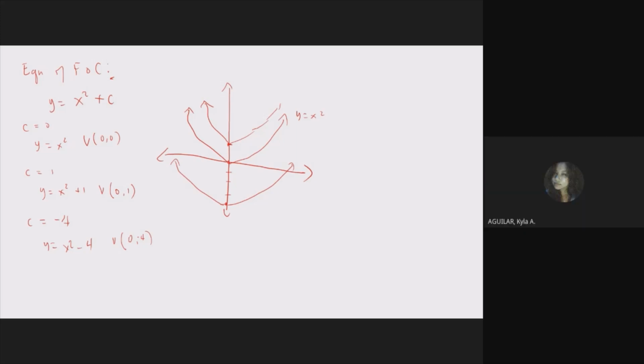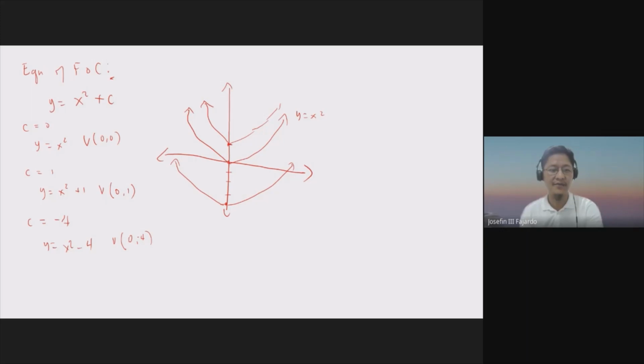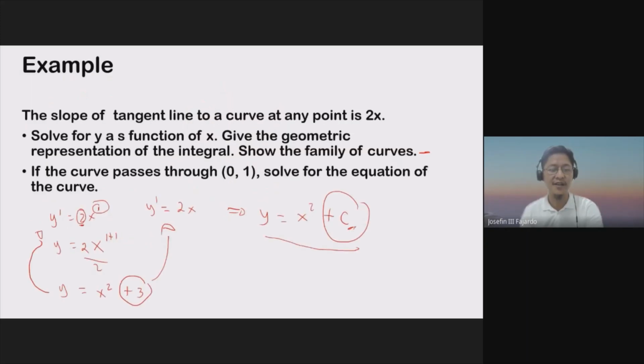Yes, sir. Regarding the earlier question, we just have to identify, in the second bullet, the specific member of the family of curves wherein the curve passes through 0, 1.